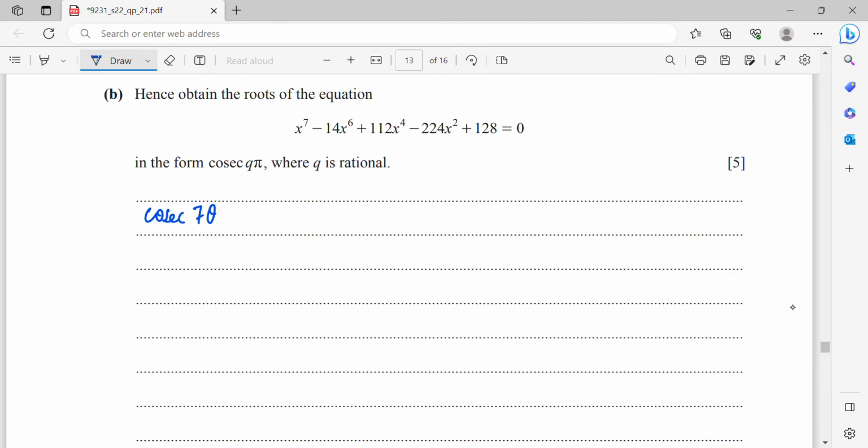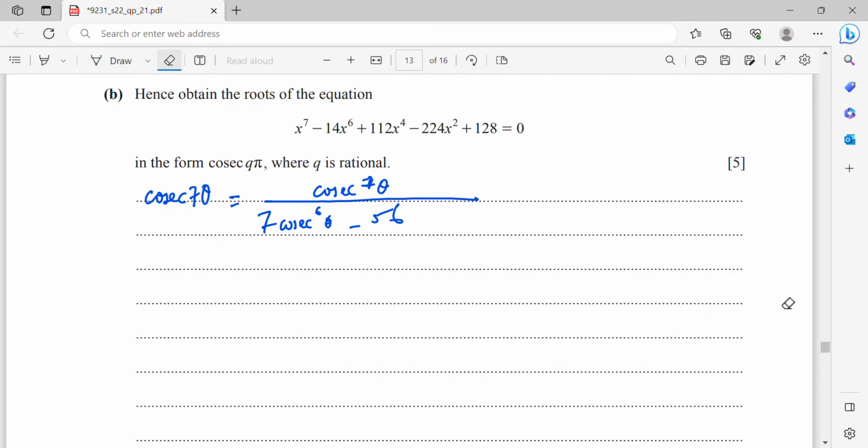Our cosec 7 theta just now was cosec to the power 7 theta over 7 cosec power 6 minus 56 cosec degree 4 plus 112 cosec degree 2 theta minus 64.